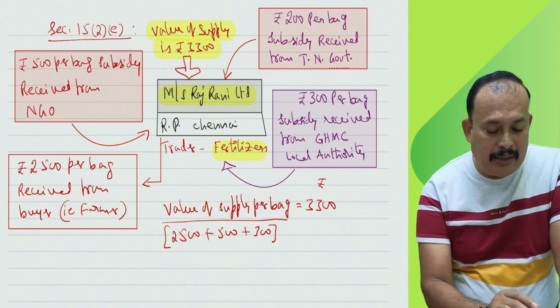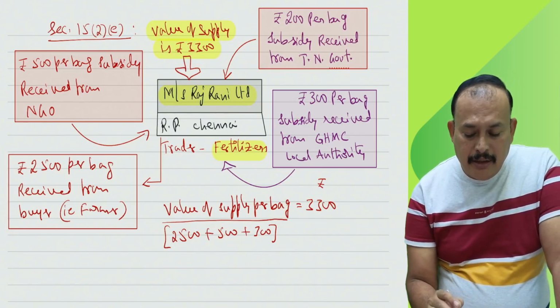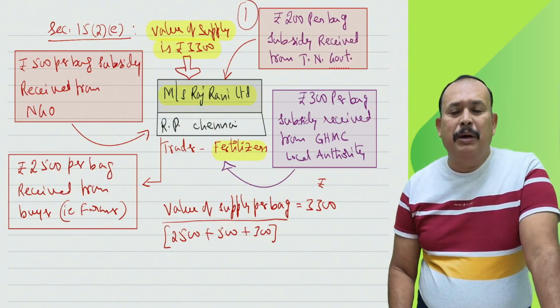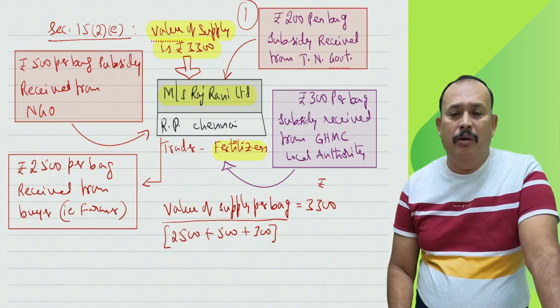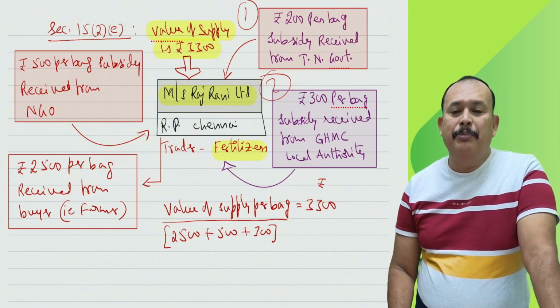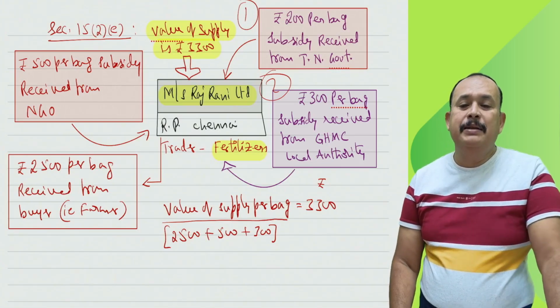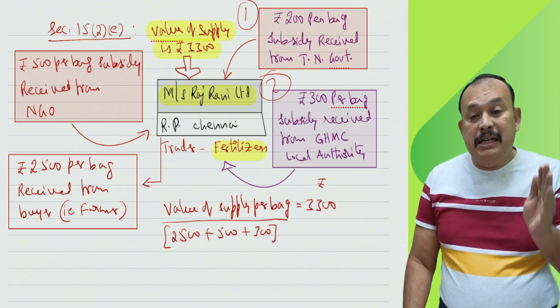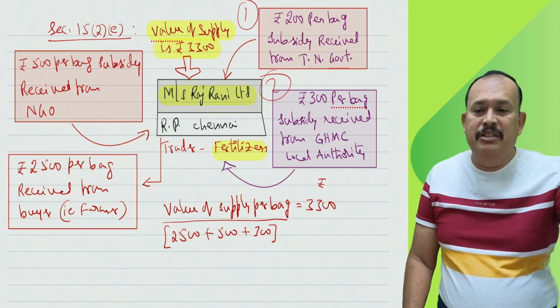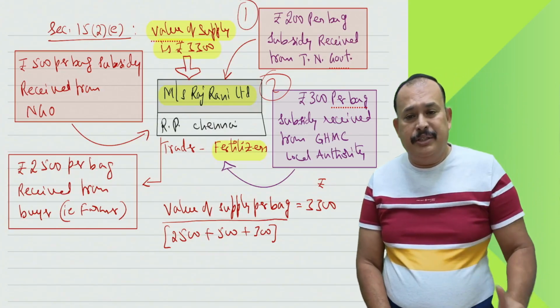See, if you refer here, first, rupees 200 per bag subsidy is from the Tamil Nadu government. Second, rupees 300 per bag subsidy received from GHMC, a local authority. GHMC is the Greater Hyderabad Municipal Corporation, which is one of the local authorities, like our GCC, Greater Chennai Corporation.